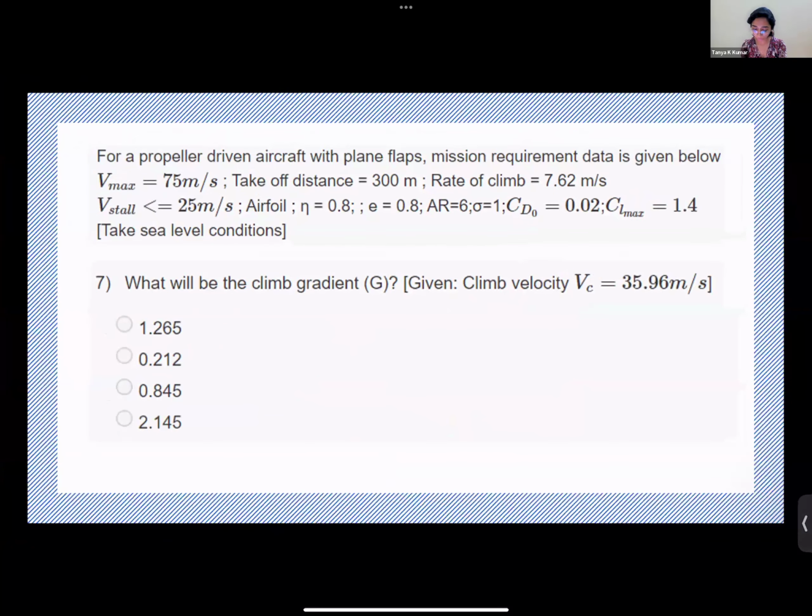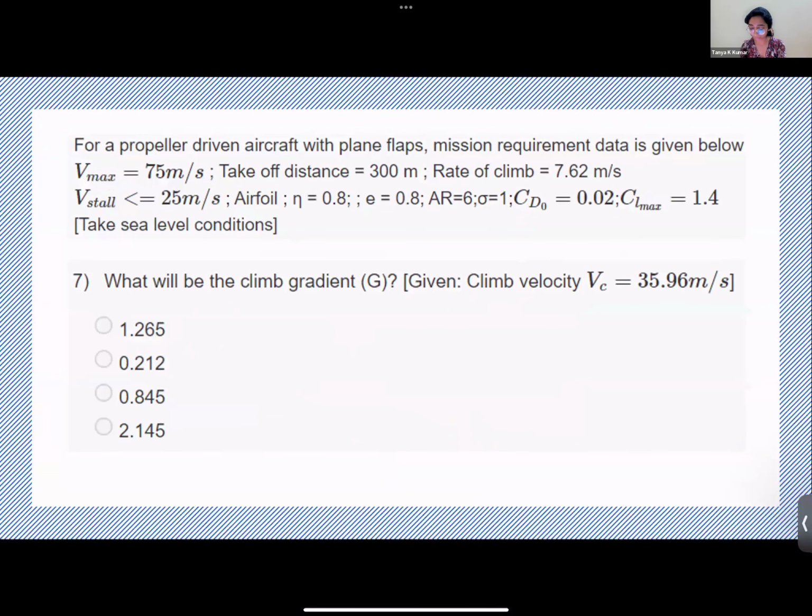Then what will be the climb gradient given the climb velocity? Climb gradient, again, direct formula is there, right? What is the formula for climb gradient? G is, just go over your notes. So it was T by W minus D by W, right?